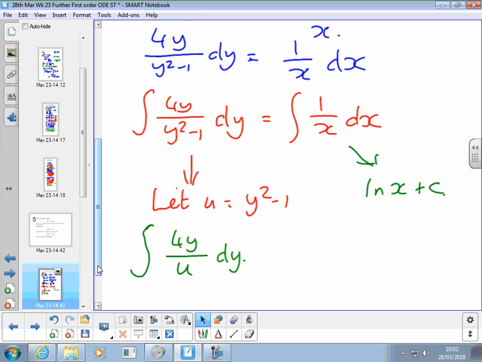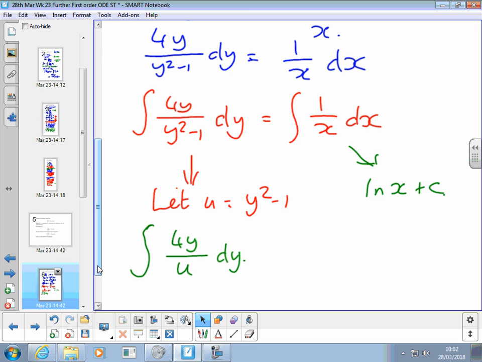He says it ends up as 2 ln y squared minus 1. That's what he says that ends up as, integrating that by substitution.